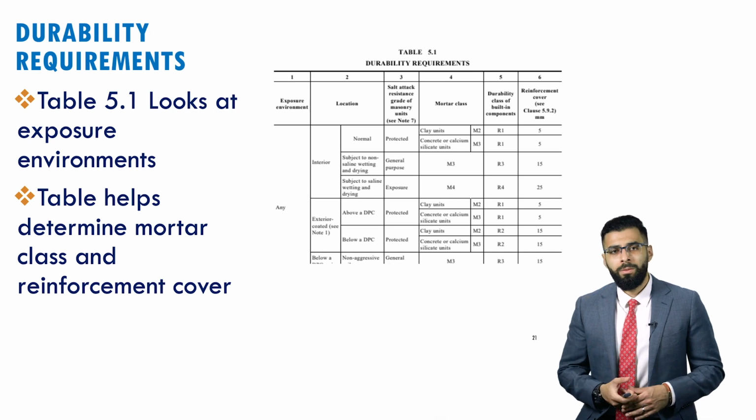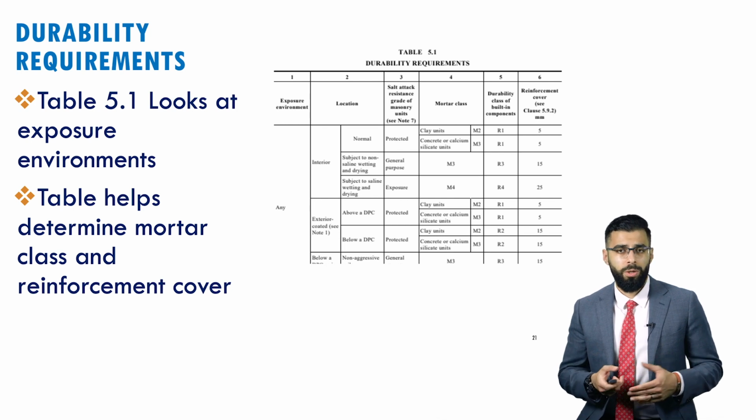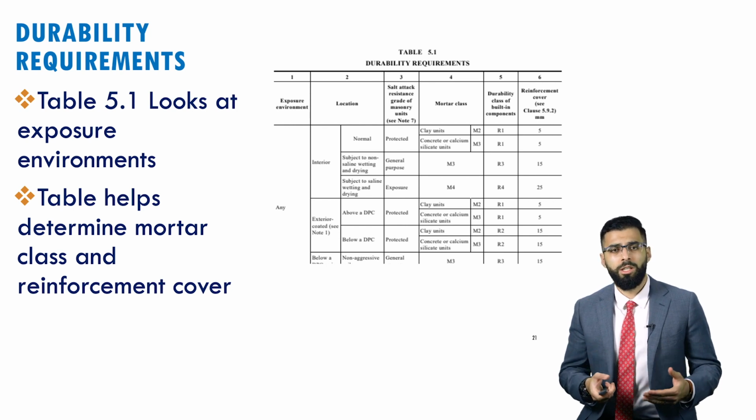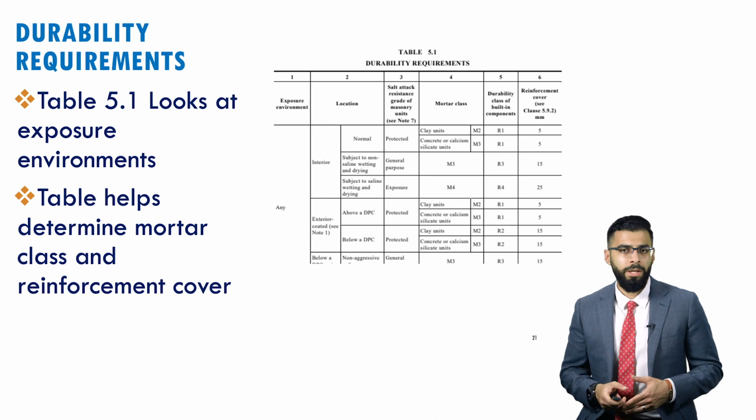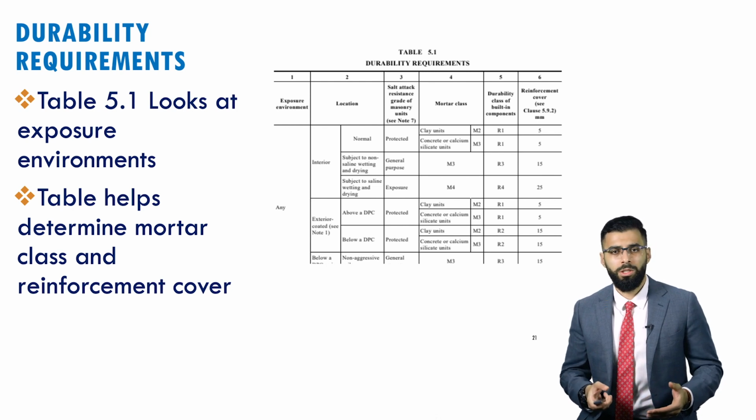For durability, table 5.1 gives us some guidelines when it comes to assessing the durability of our structure. What table 5.1 looks at is the exposure environments of the structure. For instance, are you going to be building your structure close to the coast?